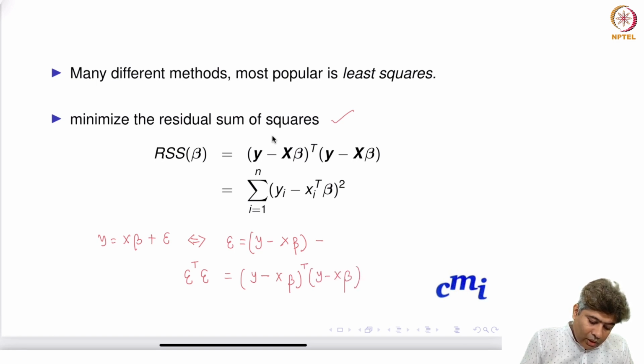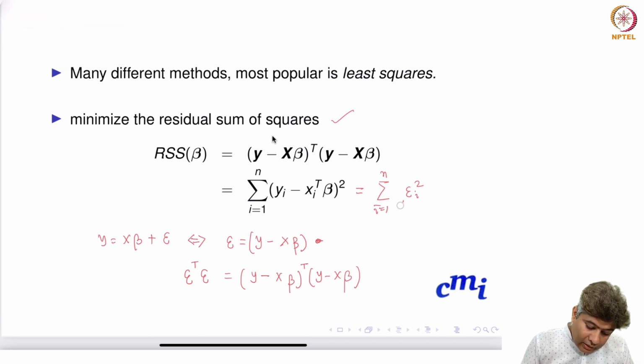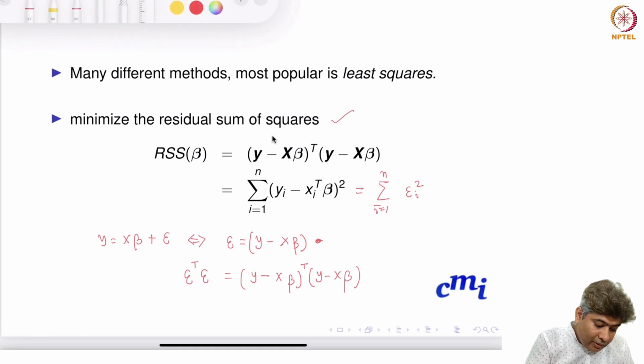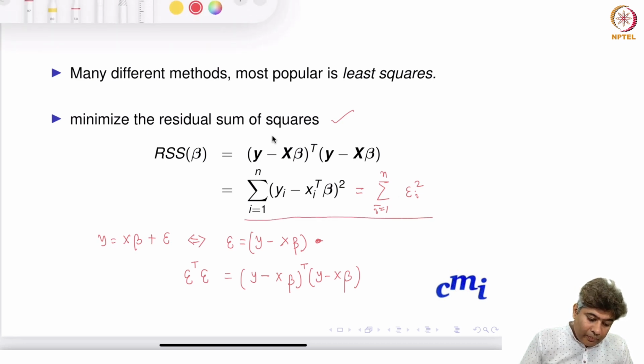This is the same as the sum from i equal to 1 to n of (yi minus xi transpose beta) squared, which is epsilon i squared. So our objective is to minimize the sum of squares of error.